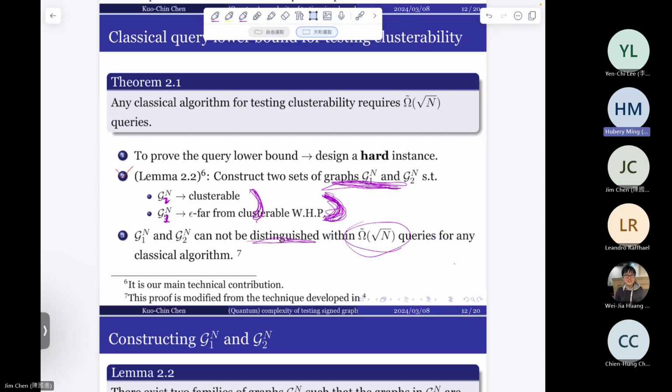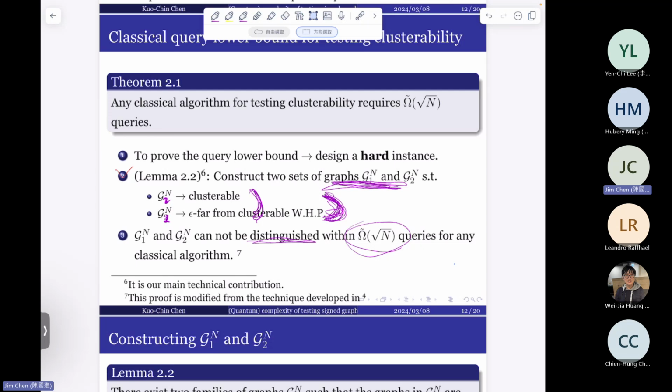You mean for these two graphs, there is a lower bound of square root of n for classical algorithms, but for any kind of graph, not necessarily these two, your quantum algorithm can achieve it in n to the power of 2/3 queries? So not only for the two graphs, but for any graph, right?